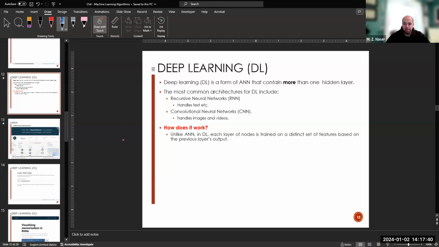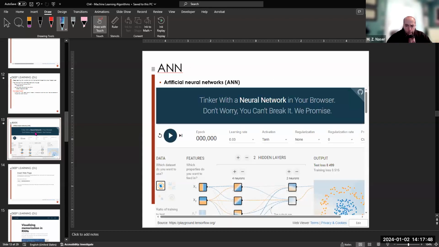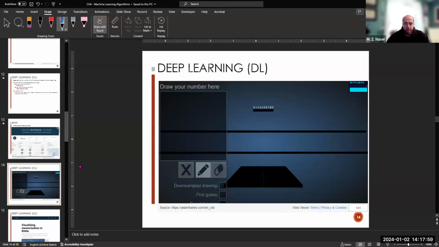The main difference, as we said, is that a deep learning algorithm has multiple hidden layers. This could be the same visualization, the one we had from TensorFlow as well. This is a good one. Let's go back to my browser here.